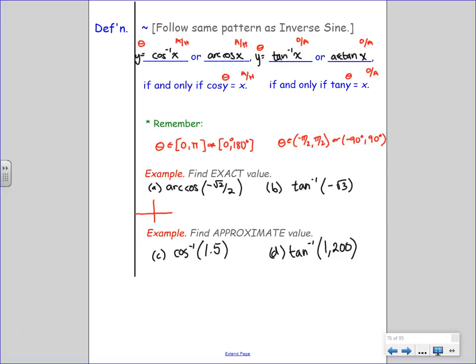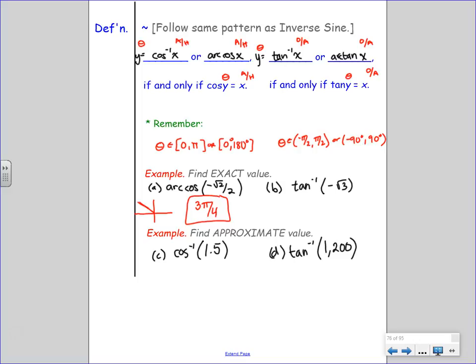Which angle has root 2 over 2 with a cosine? 45s. What angle is a 45 here in the second quadrant? 3 pi over 4. That's legal, we're allowed to go between 0 and pi. What angle would that be in degrees? 135, right?